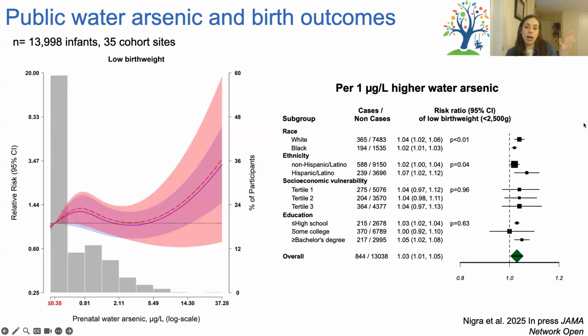And we have higher effect estimates for infants that were born to white moms or Hispanic Latino moms. And these types of differences we saw across the other outcomes that we looked at as well, so preterm birth and reduced gestational age.